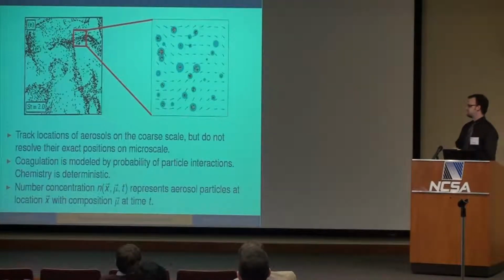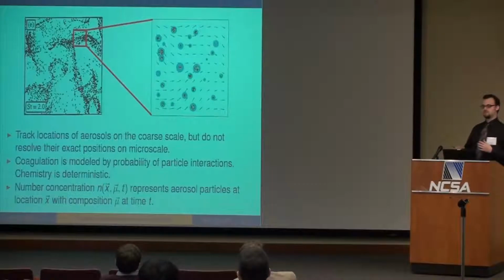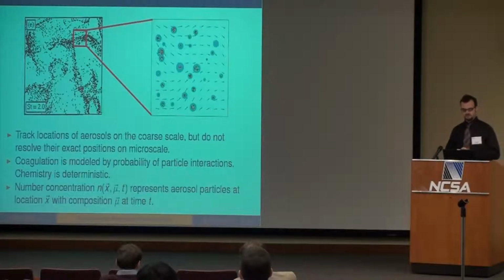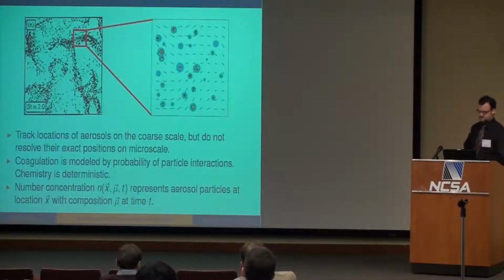So what we do is we model coagulation by the probability of two particles interacting, and gas to particle conversion is a deterministic process. So what we're going to do is ignore position within these boxes and just represent the aerosols by this, where we have the location at x with composition mu and at time t.